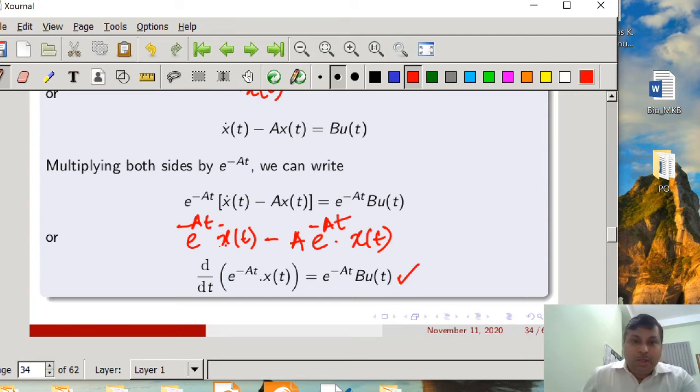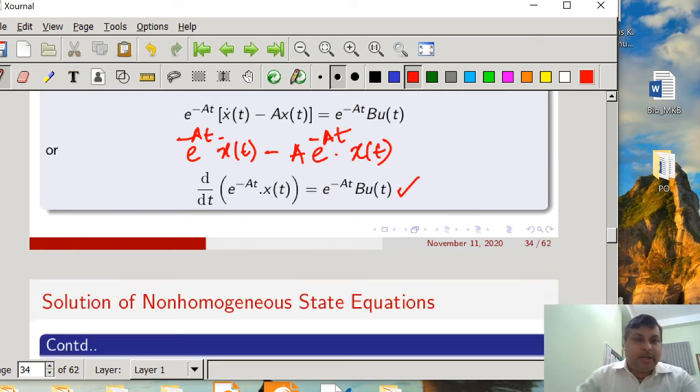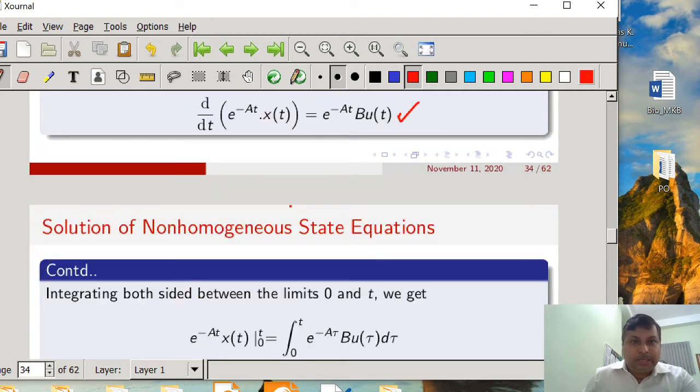Now we will integrate both sides from 0 to t. Since it is already a derivative, on integrating it will be as usual e to the power minus at xt, and the integration limit is 0 to t, so we have to put the values from 0 to t.